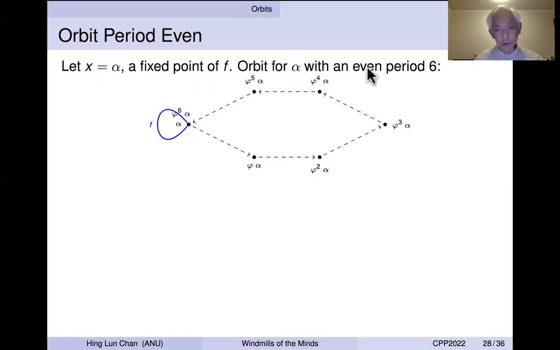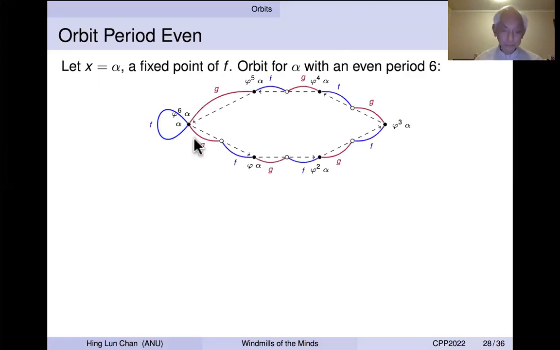And we shall consider an orbit with even period 6. So we take this picture, but then the very first point is a fixed point of f. So it goes back to itself. And so we try to trace what happens.